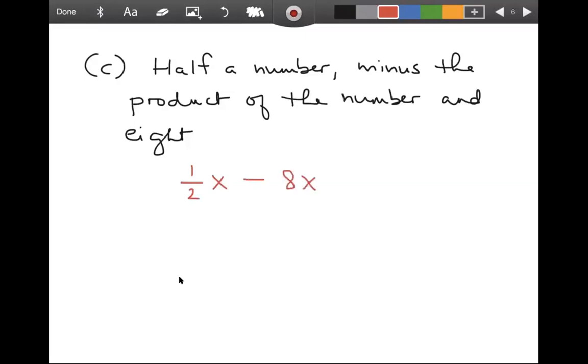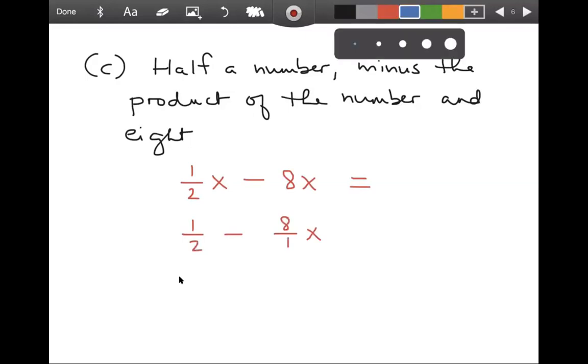Okay. Now, because those are like terms, we can simplify that. In order to simplify it, we're going to have to get a common denominator. So let's start by writing this 8 as 8 over 1. And then the common denominator would be 2. So I'm going to multiply the top and the bottom of this thing by 2. Almost forgot my x here.